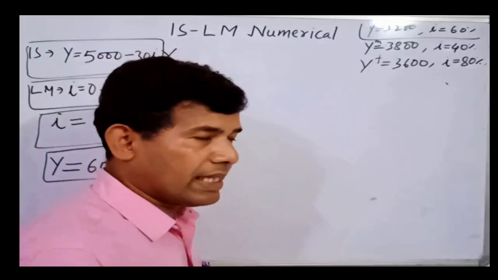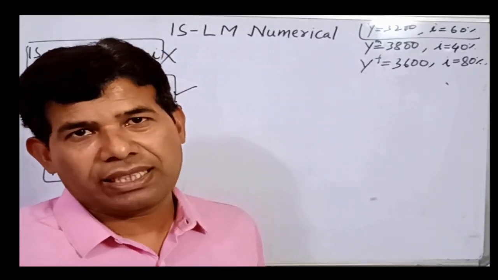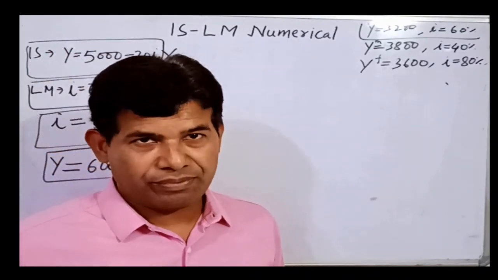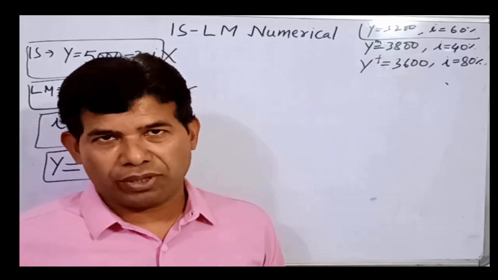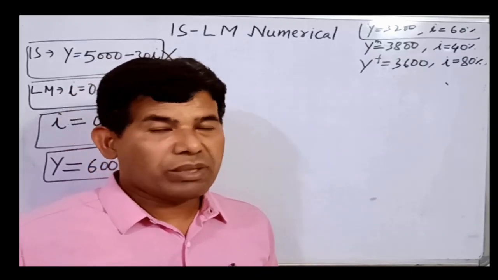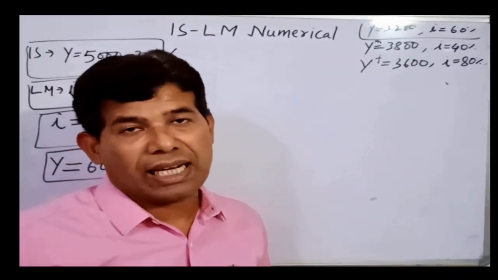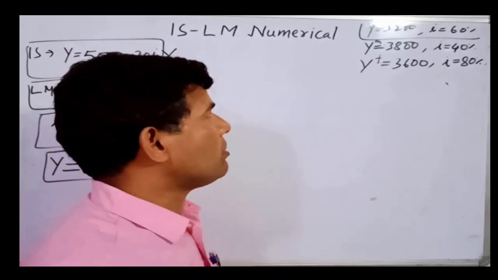And in case of monetary policy multiplier, it is B alpha g upon H plus BK alpha g. That is one way of calculating them, but directly on the basis of these results also we can calculate the fiscal policy multiplier and monetary policy multiplier.